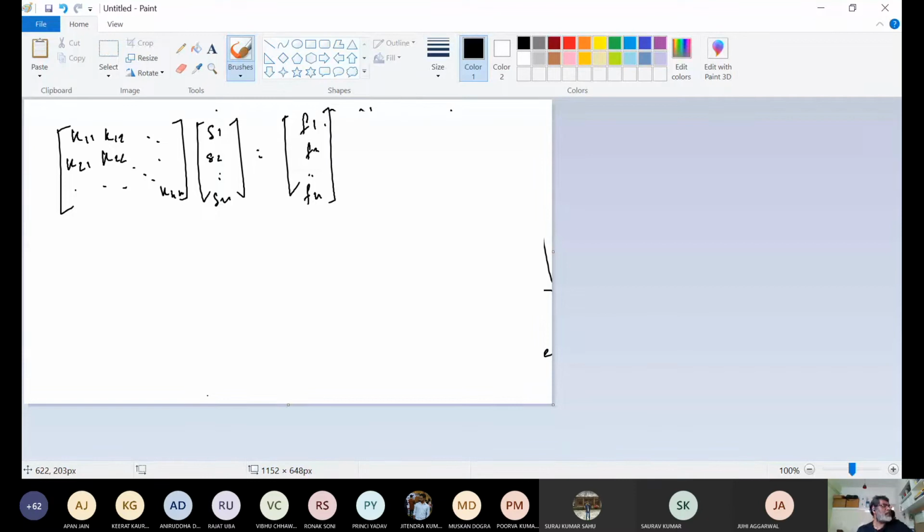Do you remember an equation which looks something like this in your structural mechanics? Yeah. Now, if any of these general terms end up becoming 0, that becomes an instability, which is related to this degree of freedom.